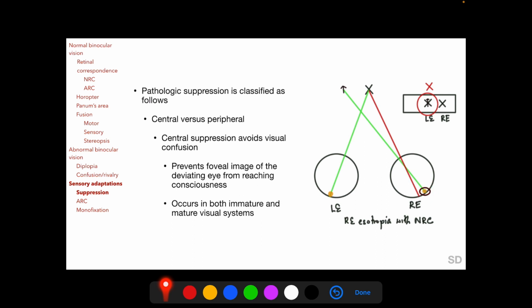And central suppression occurs in both immature and mature visual system, and this is important to understand. So adult onset strabismus patients will complain of diplopia but will not complain of visual confusion. They complain of diplopia because they lack peripheral suppression, which we will be discussing next, but they do not complain of visual confusion because they do have central suppression.